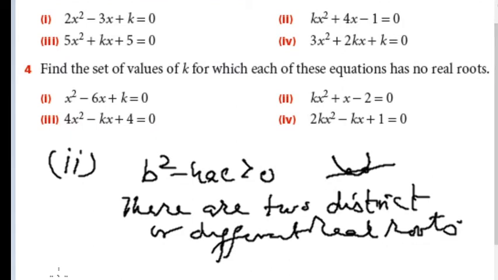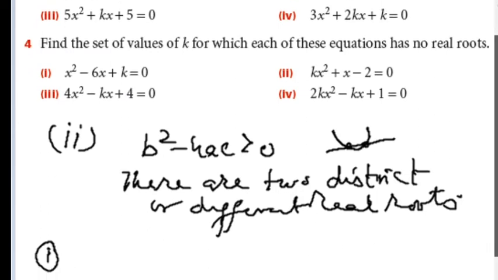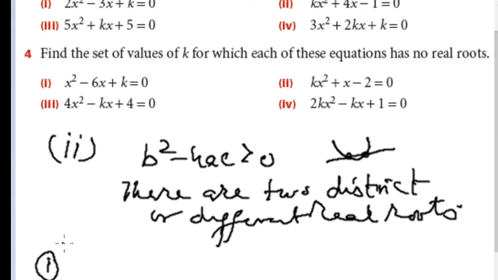Now I'm doing part 1. Question number 3, part 1 is 2x square minus 3x plus k equal to 0.